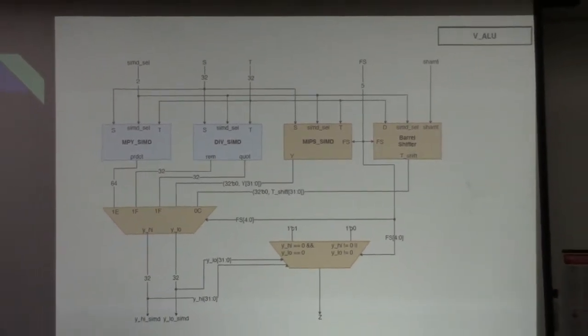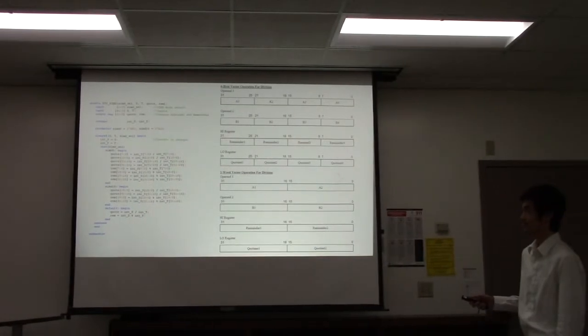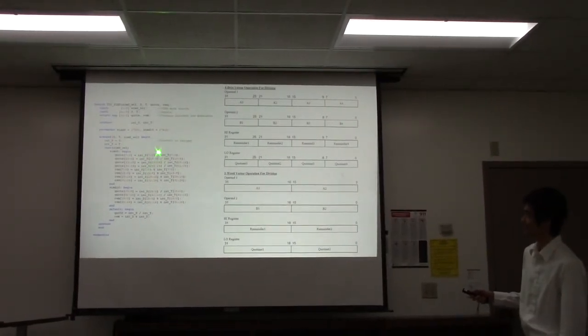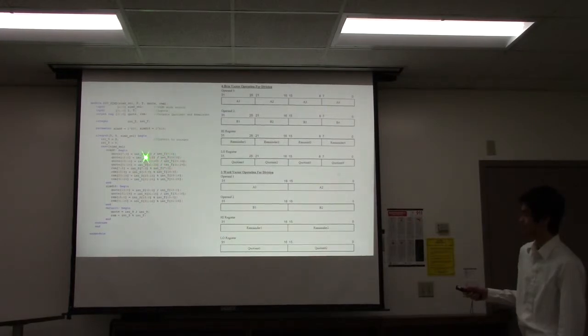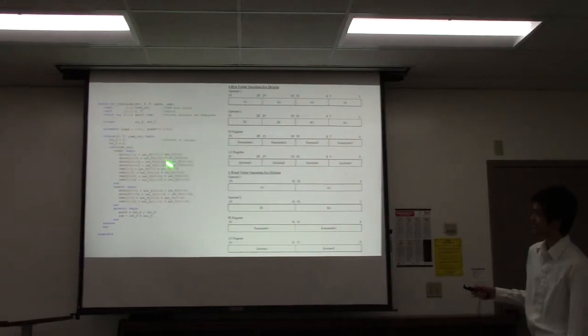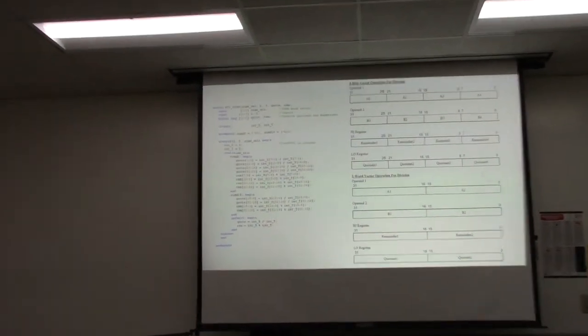And this would be an example using division. So what we did was concatenate the 8 bits for the specific vector to get the quotient.